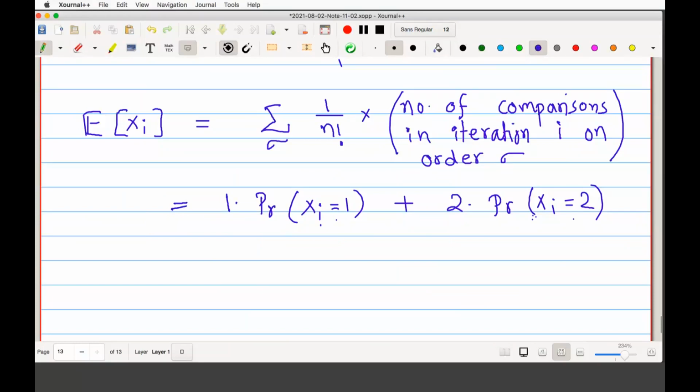Here I'm saying 1 times the probability of xi equal to 1 and 2 times the probability of xi equal to 2. The important thing is that this probability is taken over all possible orderings. Each ordering is equally likely, and when I say probability of xi equal to 2, I consider all possible orders, and among them, how many orders have xi equal to 2, and using that I get this probability.